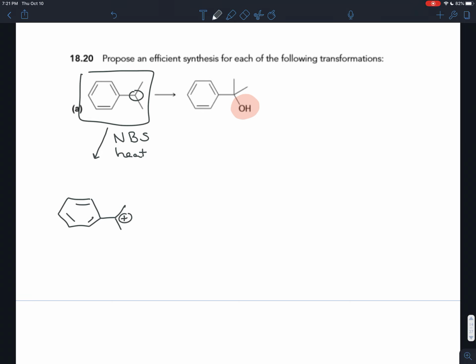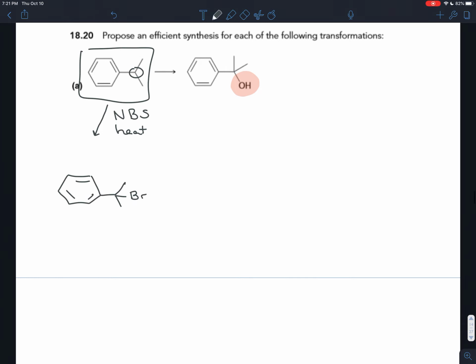That would leave this carbocation behind, and then you can use that carbocation to do an SN1 reaction or an E1 reaction. So we want to think in terms of SN1 or E1 unless this is a primary carbon. If we had a different molecule, it was a primary carbon, it wouldn't be bulky, we could probably do an SN2 or an E2, but because it's kind of bulky there, we'll be thinking in terms of SN1.